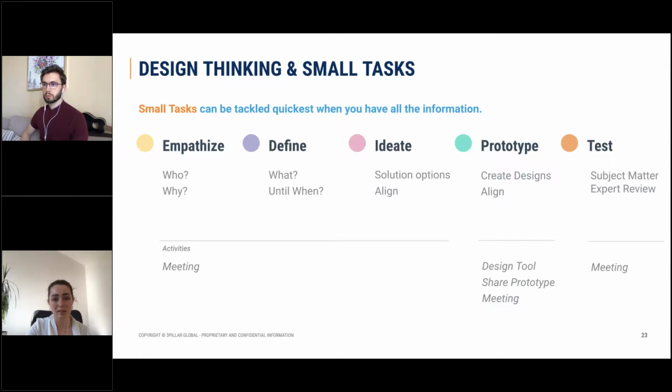We could test these designs by reviewing them with subject matter experts if the deadlines for these small tasks are very tight and you do not have time to plan and schedule and organize a user test. If the need for this small task is that the functionality, the solution needs to be in the user's hands as quickly as possible, then subject matter expert review is your best option to test.